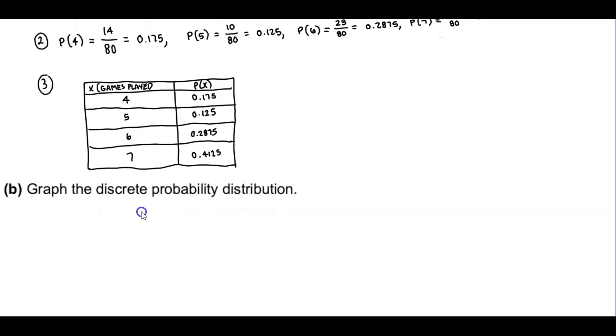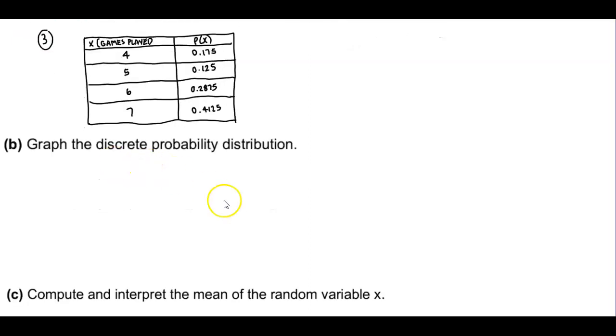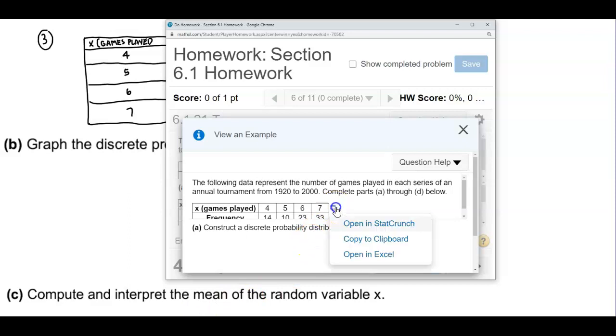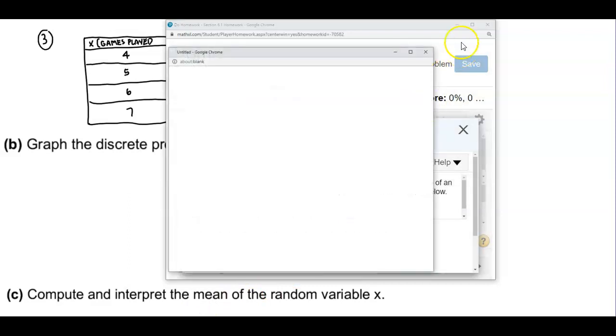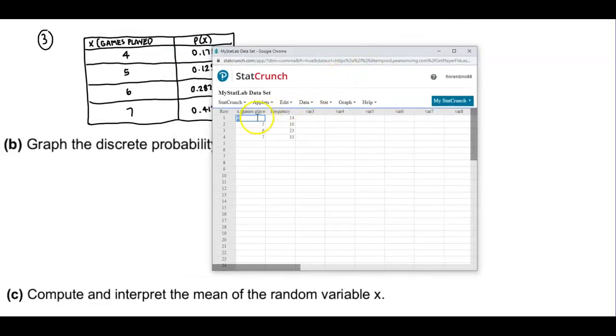Okay, now the next thing we want to do is graph this discrete probability distribution. So let's go ahead and open it up in StatCrunch. Here's our data. Here are the games played, and this is the frequency.